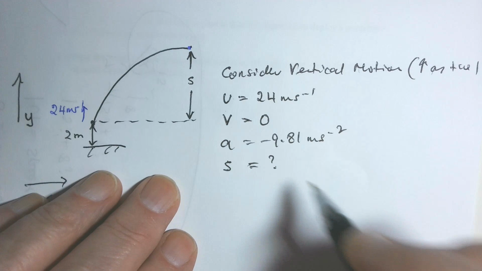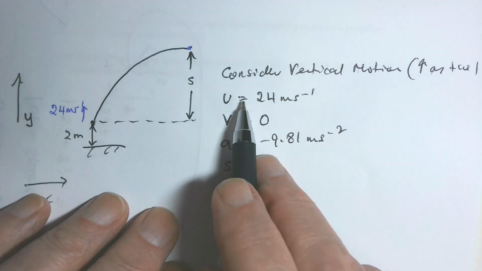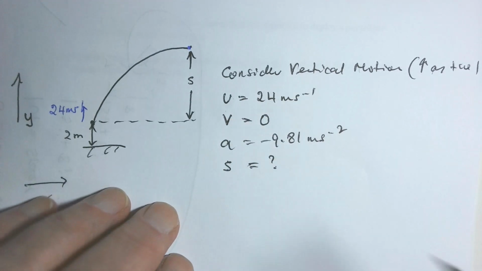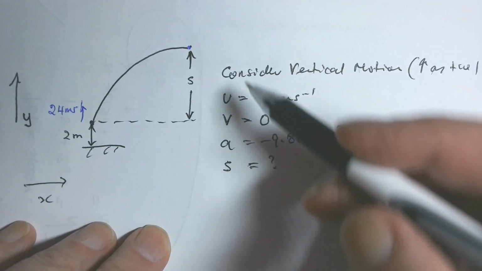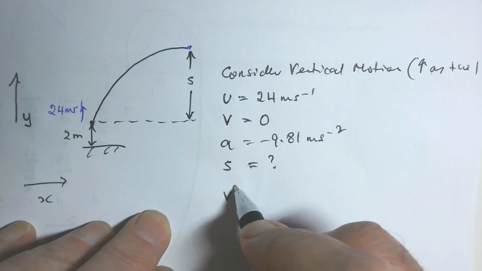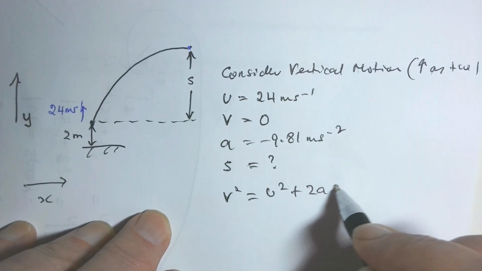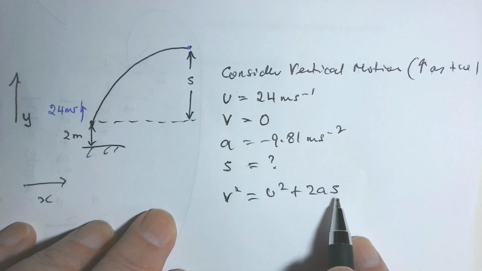S is what we're trying to find. So what equation are we going to use? Instead of s equals ut plus half at squared, we don't know what the time is, so that's no good to us this time. But the other SUVAT equation is v squared equals u squared plus 2as, and that will do us, because that involves u, v and the acceleration.